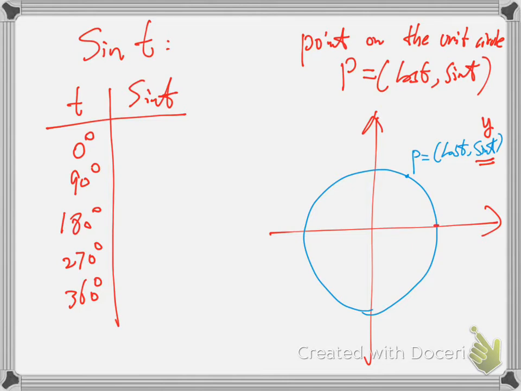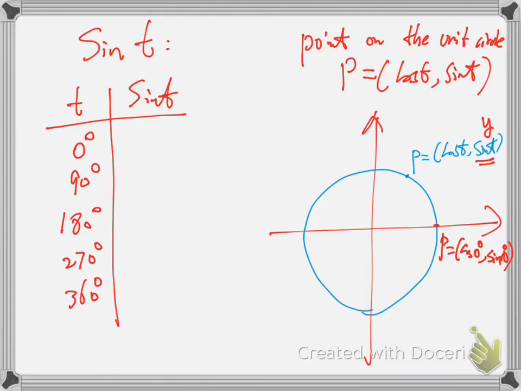So the first point, angle 0. This point P is cosine 0 degrees, comma, sine 0 degrees. What is this point P?